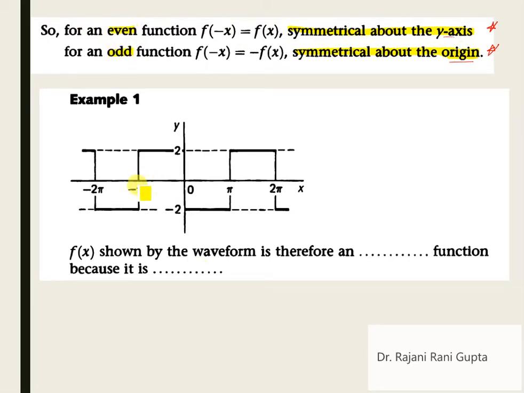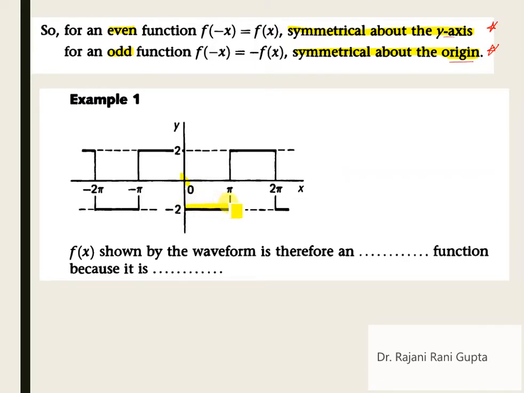If you look at the pattern of this curve, first we check whether it is symmetric about the y-axis. Symmetric about the y-axis means from this line, from the y-axis, these two sides should be the same. It's not symmetrical. But if you look at the symmetry about the origin, check the behavior.